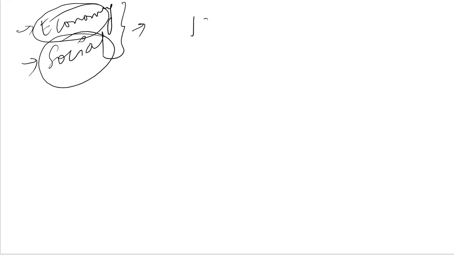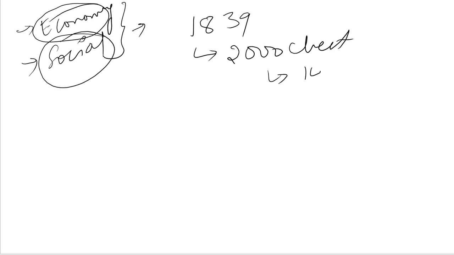So in the year 1839, what the Chinese government did was, they destroyed around 2000 chests of drugs. Sorry, this is not 2000, this is 20,000 chests.